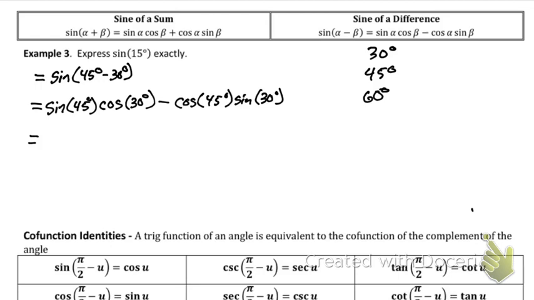All these values are on a unit circle. Sine of 45 degrees is square root of 2 over 2. Cosine of 30 degrees is square root of 3 over 2. Minus cosine of 45 degrees is square root of 2 over 2. And sine of 30 degrees is 1/2.